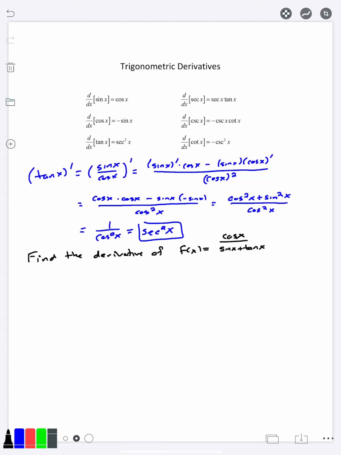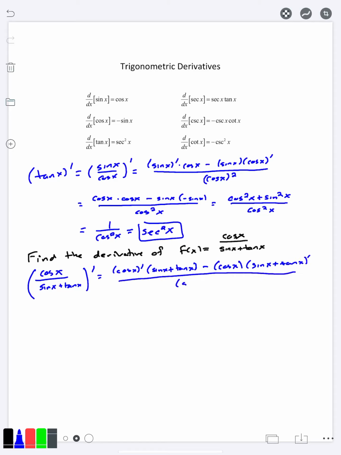So, okay, we're going to go ahead and take our derivative here. By the quotient rule, the derivative of the top times the bottom minus, oops, not derivative there, minus the top times the derivative of the bottom, all over the bottom squared.